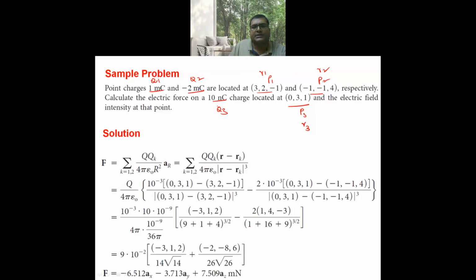What we require is we are supposed to calculate the force on charge Q3, that is equal to force on 3 due to Q1 plus force on 3 due to Q2. You're supposed to calculate the individual forces and add them to get the final value of force on Q3. Refer to the answer.